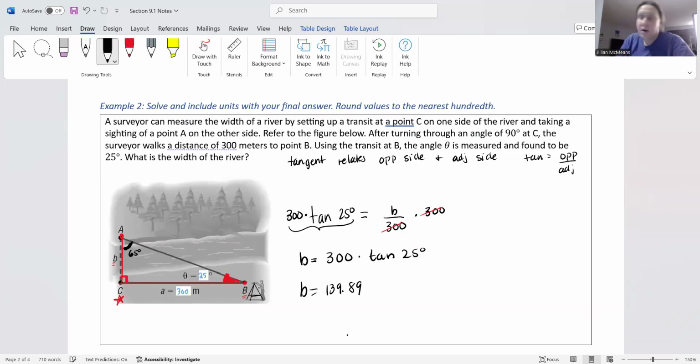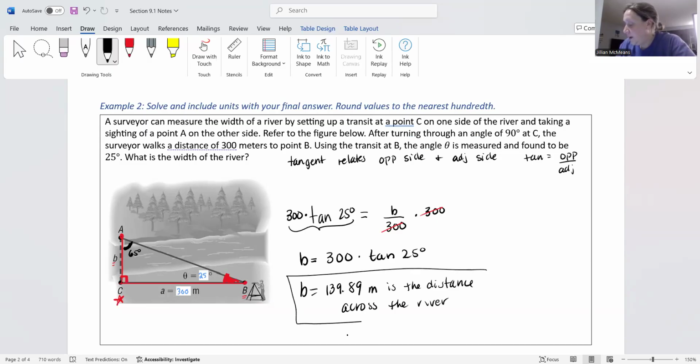And don't just leave it 139.89. I don't like naked numbers. 139.89 what? Well, in this case, meters. So 139.89 meters. And then I would describe what my meters mean. Is the distance across the river. All right, and that's your final answer.